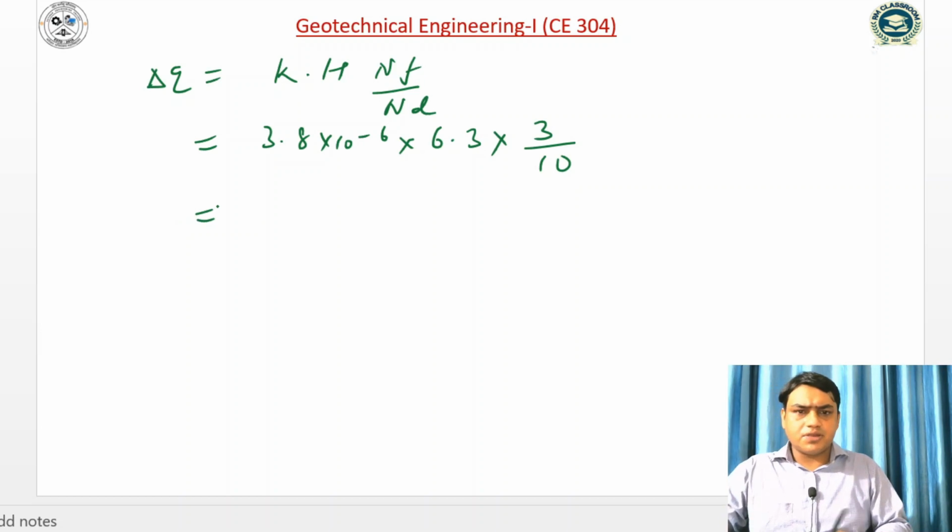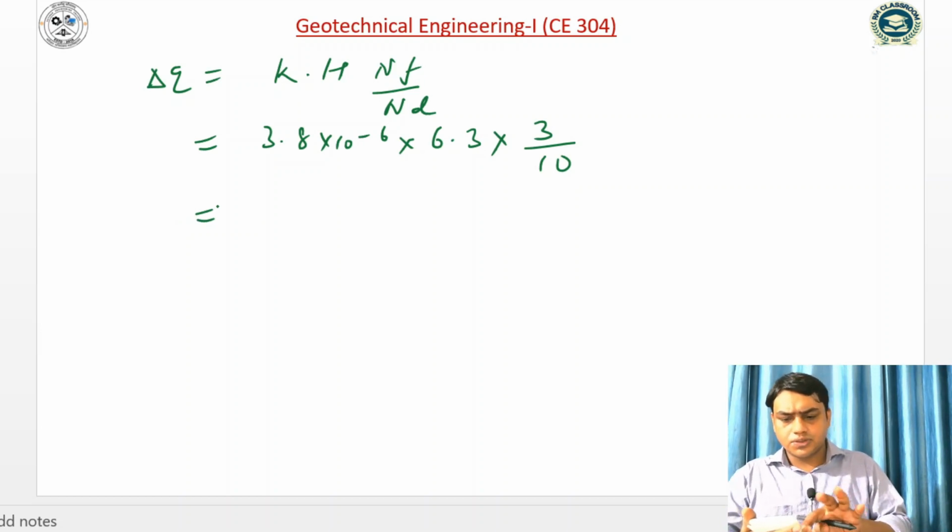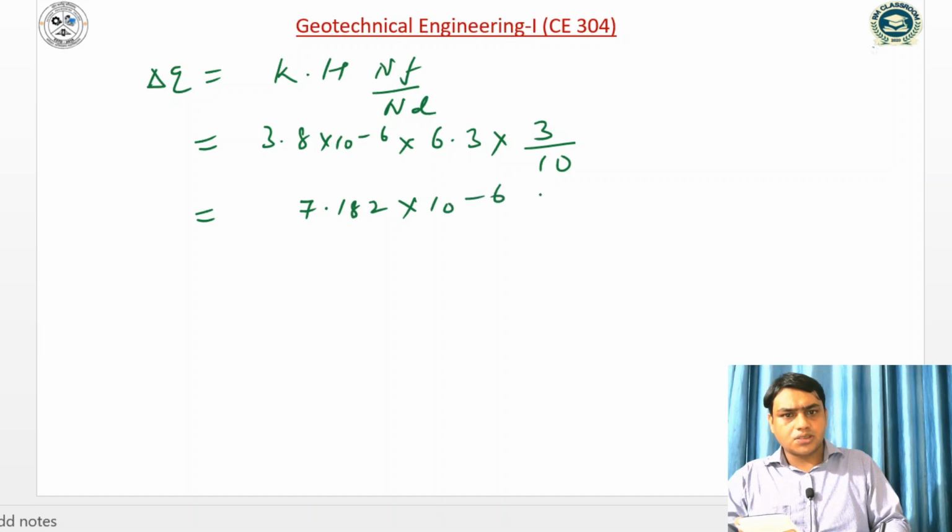If I compute this value of delta Q, it will be 3.8 into 6.3 into 3 divided by 10. So it is 7.182 into 10 to the power minus 6 meter cube per second per meter.